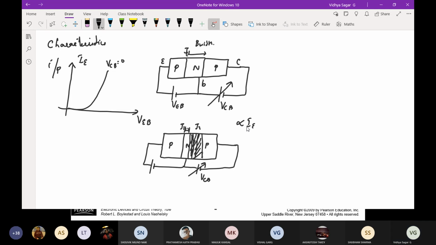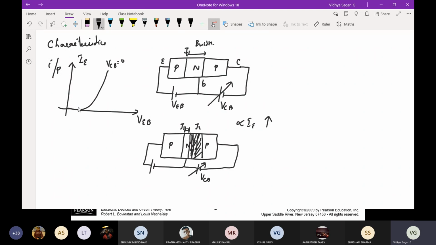Now if alpha is reducing, the total current will reduce or increase? Alpha is the factor that reduces your IE. If alpha is reduced, it refers to an increase in IE.